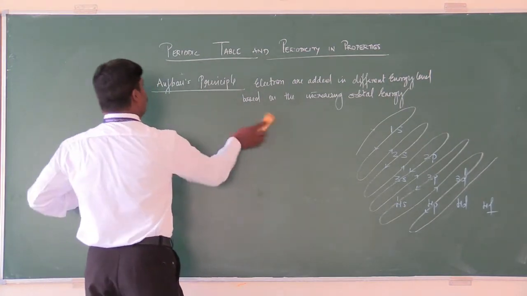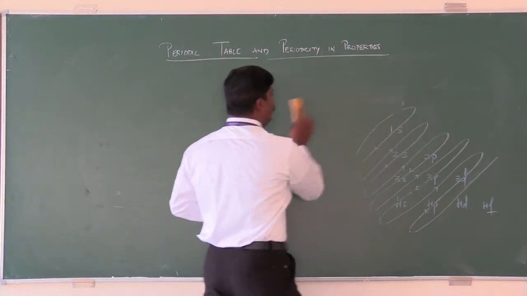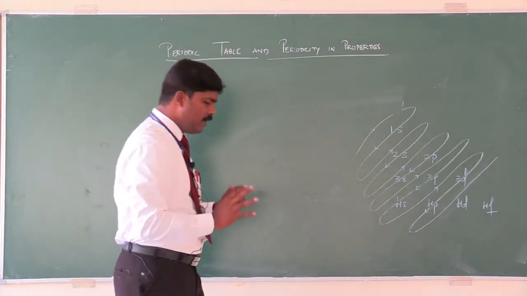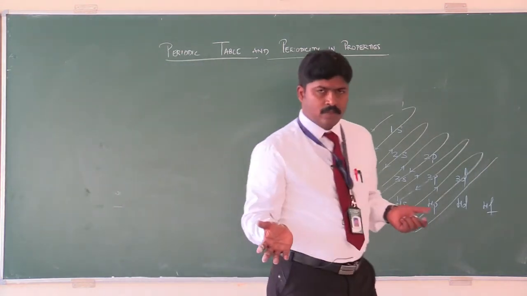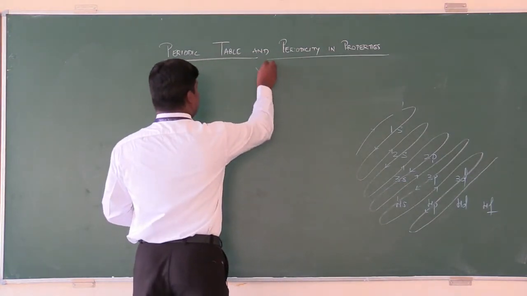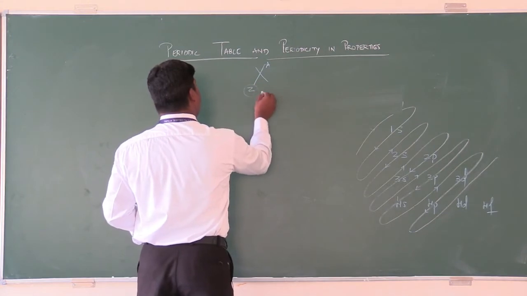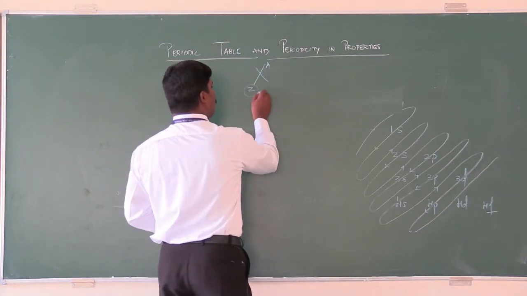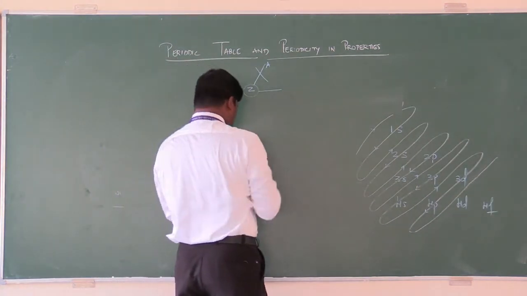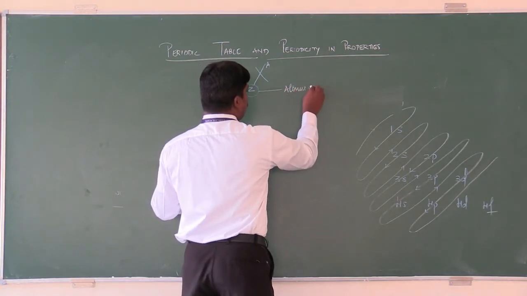Now, students have a problem: how to write electronic configuration by seeing which number. If I see an element, I define two numbers there, in the form of X with Z and A. So when you write electronic configuration, you are not going to focus on the atomic mass number, you are going to focus on the atomic number.